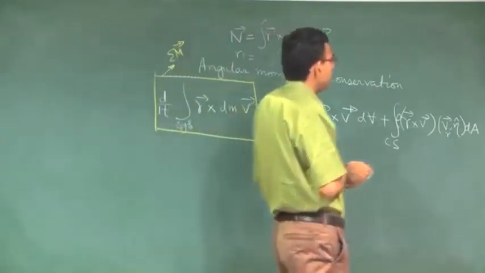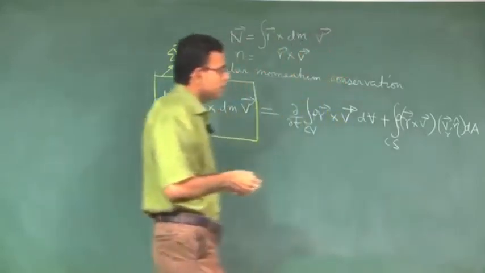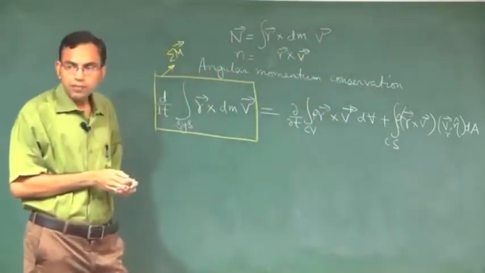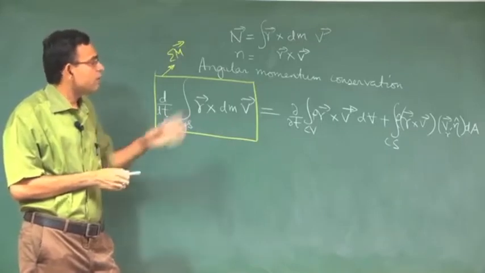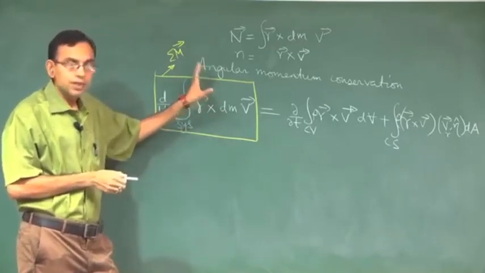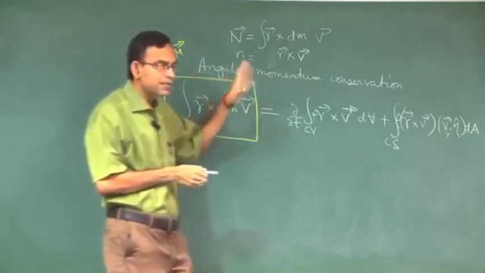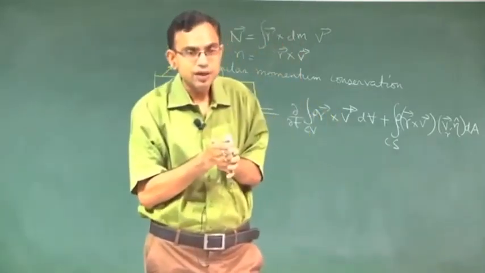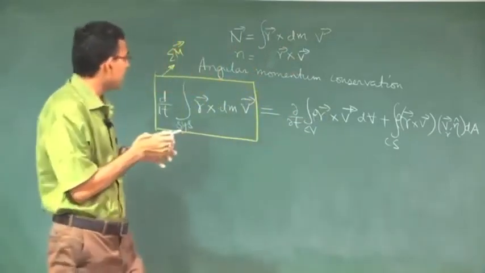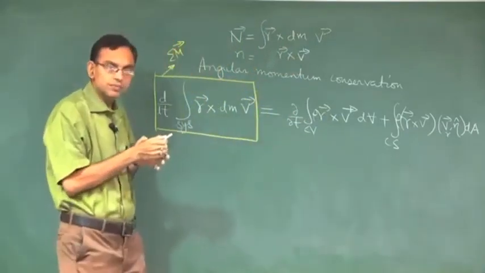So, we will apply this for a problem where this particular form is applicable. Remember that this particular form is applicable if the control volume itself is not accelerating, otherwise there will be a correction term, right.